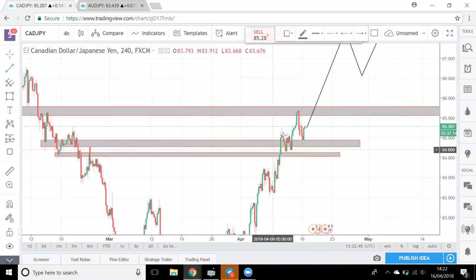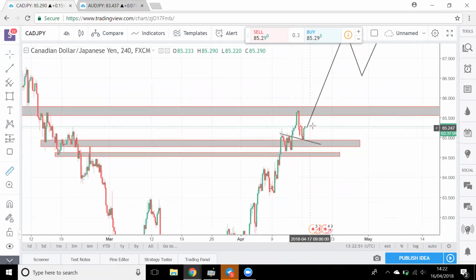If you were to enter buys now, you'd put your stop loss below these lows. So if you want to save stop loss, 80 pips. If you don't want to save stop loss, 30 pips.